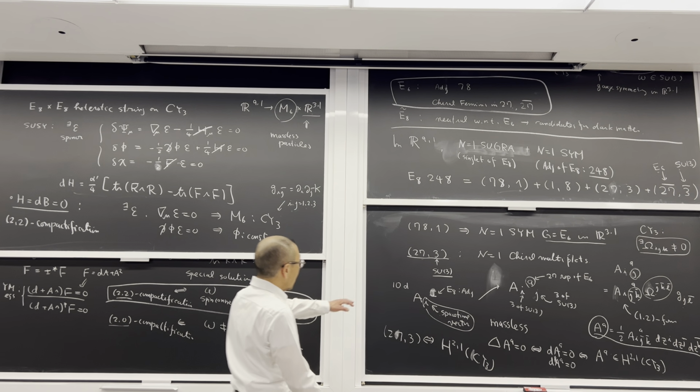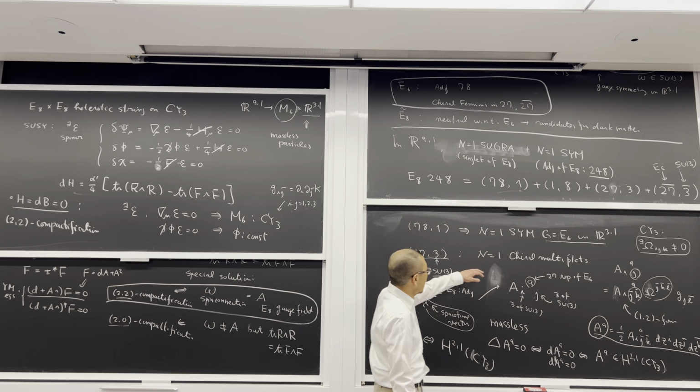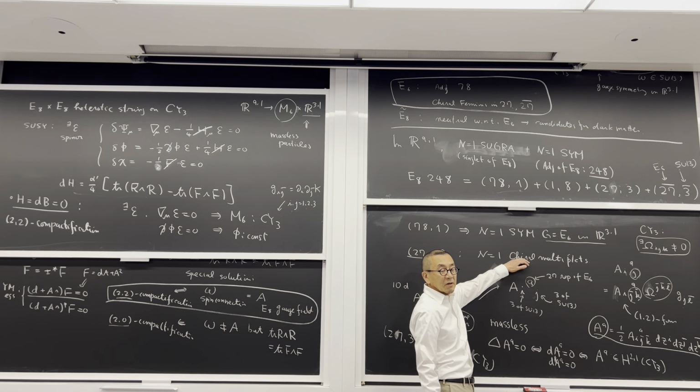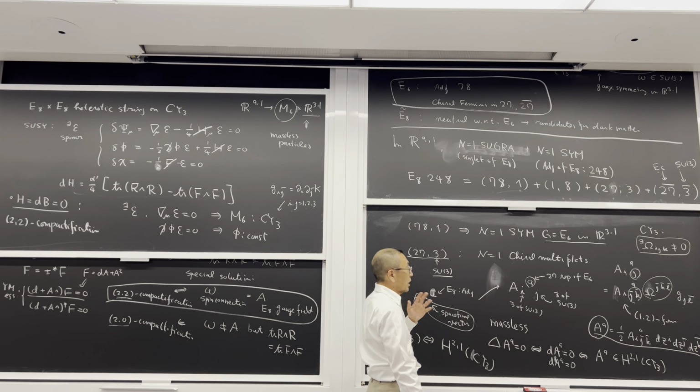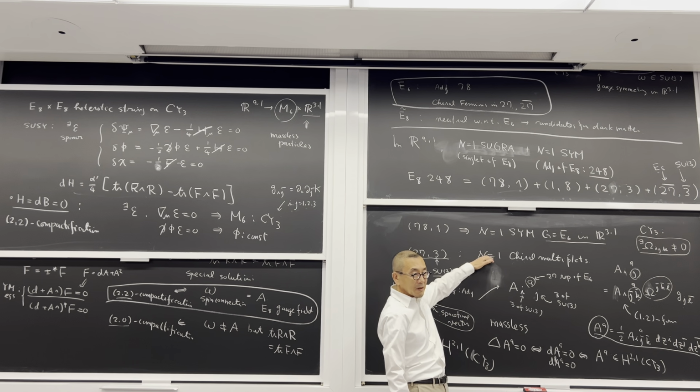Yeah. But we are considering here the counting of chiral multiplets, which consist of scalars and chiral fermions. You might be interested in first counting scalars, because if you count scalars, you can count fermions since they pair up.